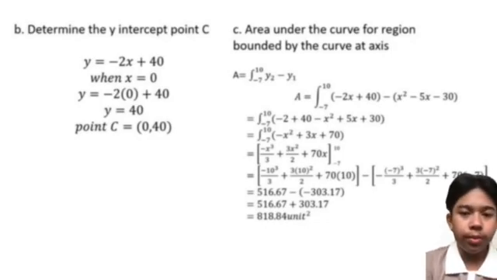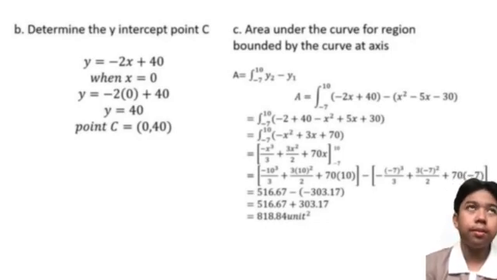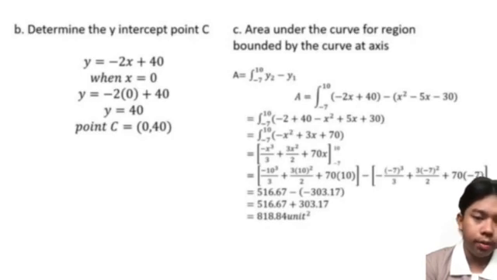Now we put in the values of y2 and y1, and solve it first without integration, and we will get integrate negative 7 to 10 of negative x squared plus 3x plus 70.